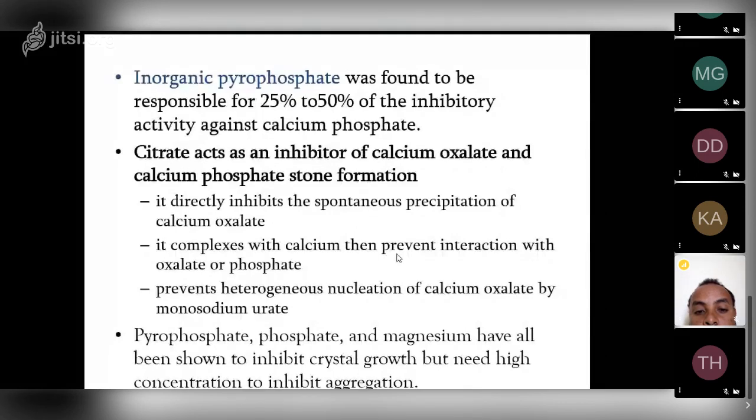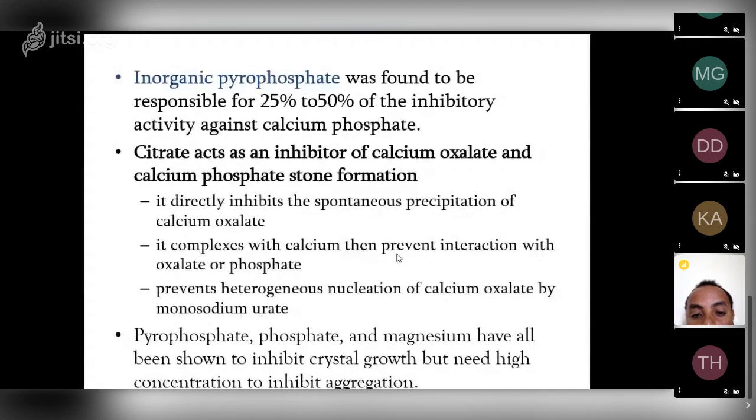The other is it complexes with the calcium, then prevents interaction with oxalate and phosphate. So if the citrate complexes with the calcium, the calcium has no place to form with oxalate and phosphate. The other is it prevents heterogeneous nucleation of calcium oxalate by monosodium urate.